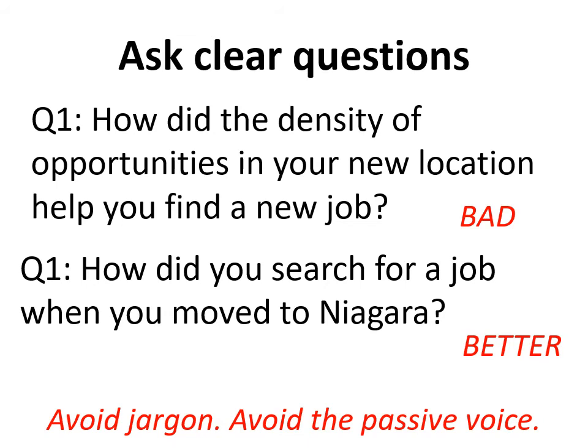Because if there are lots of opportunities, it tends to be easier to find a job, and if there are few opportunities, it tends to be harder to find a job. So that's an example of jargon. You want to avoid that, and you want to avoid the passive voice. Though this doesn't actually use the passive voice, so it's just long and wordy and jargony.